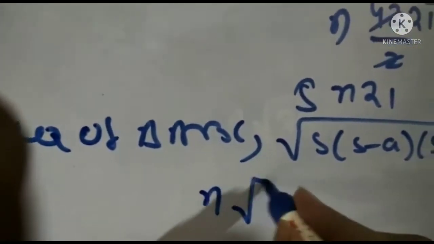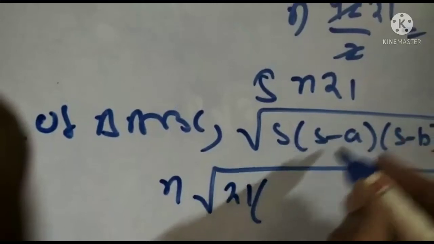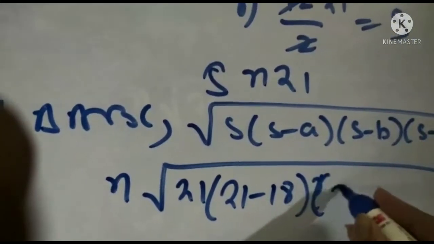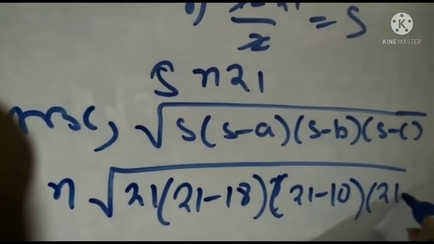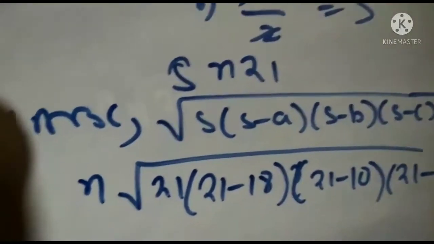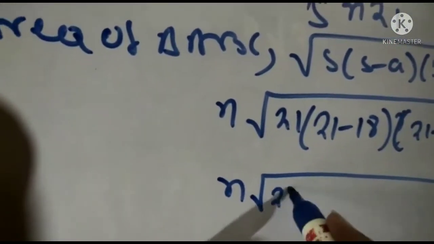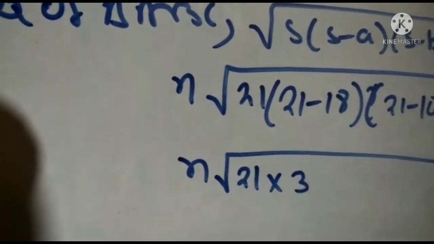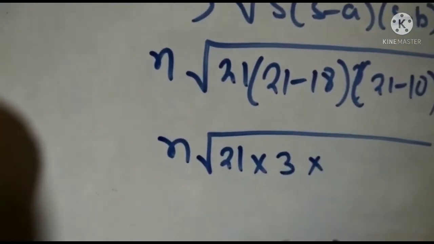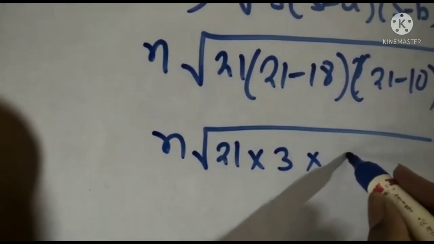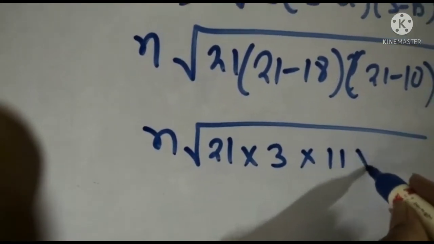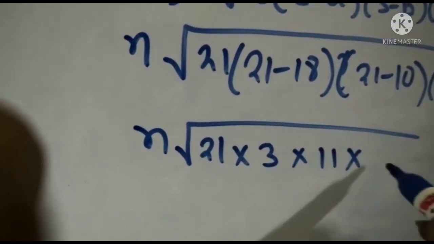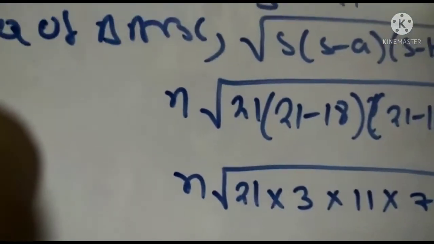Here, root of s, which we know is 21, times 21 minus 18, times 21 minus 10, times 21 minus 14, which we found. So 21 minus 18 is 3, 21 minus 10 is 11, and 21 minus 14 is 7. So we get this in centimeter square.